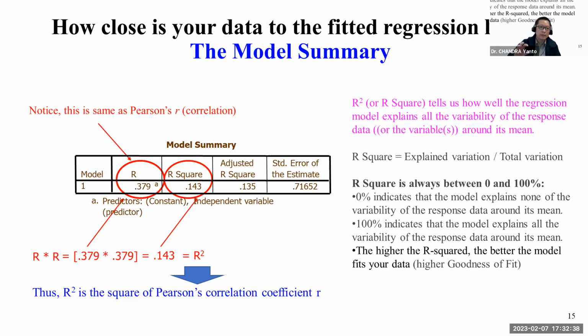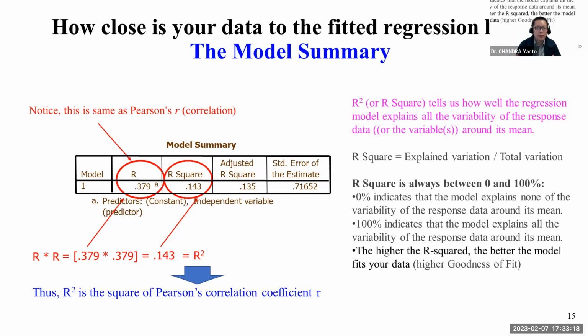How much of the variation of the dependent variable can be explained by the independent variable? For example, how much of the variation of salary of people in your sample can be explained by people's age or people's education?